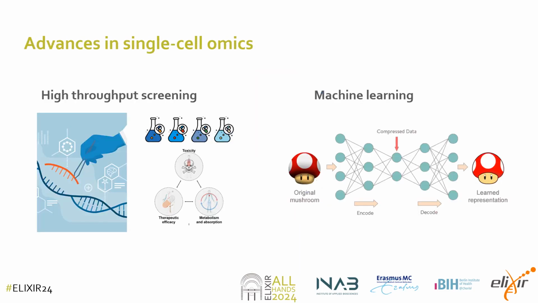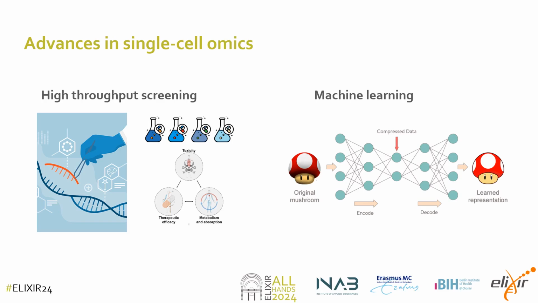Parallel to advances in measuring the transcriptome of individual cells, there are a number of breakthrough technologies that have really advanced single-cell research. One of those technologies includes high-throughput screening. For example, one can perform genetic editing through CRISPR to see how particular gene knockouts can affect the function of cells.